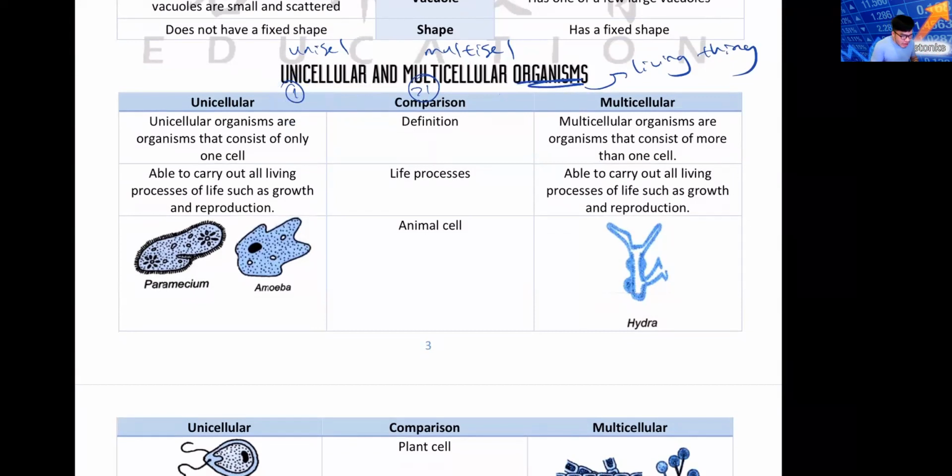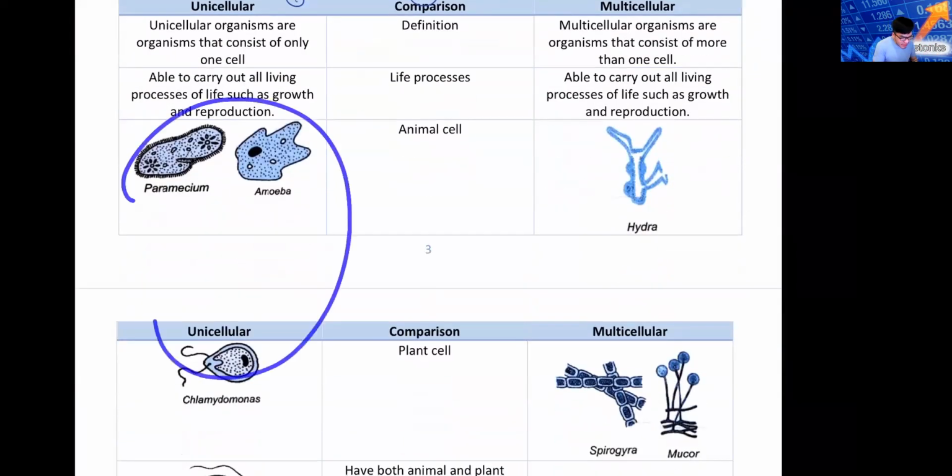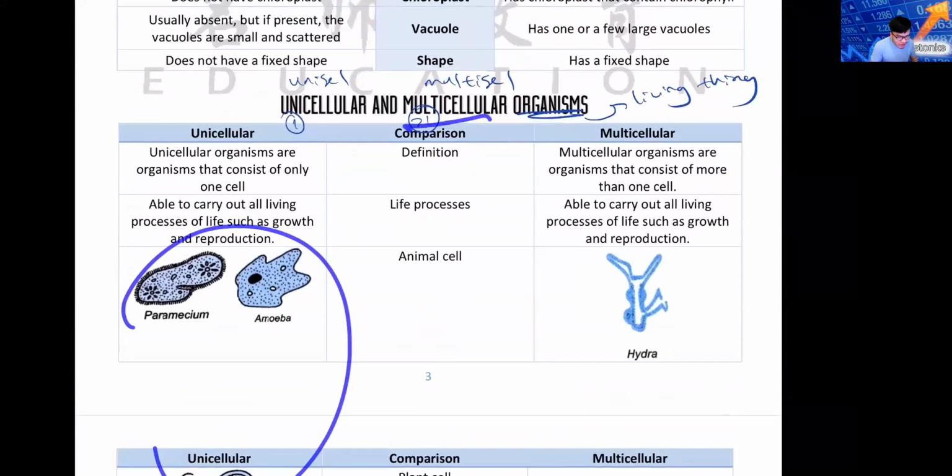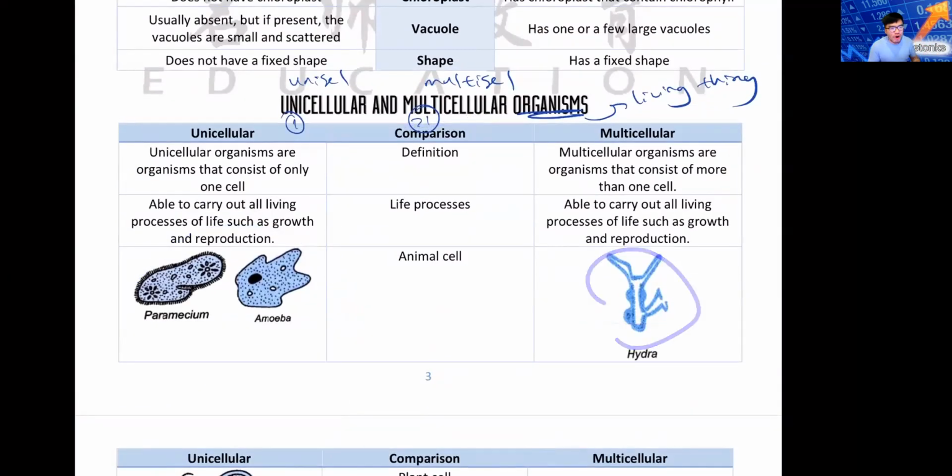As you can see, unicellular organisms are very simple organisms, whereas multicellular organisms are more complex, like us. Do you know how complex you are? Nobody has fully understood the human body.